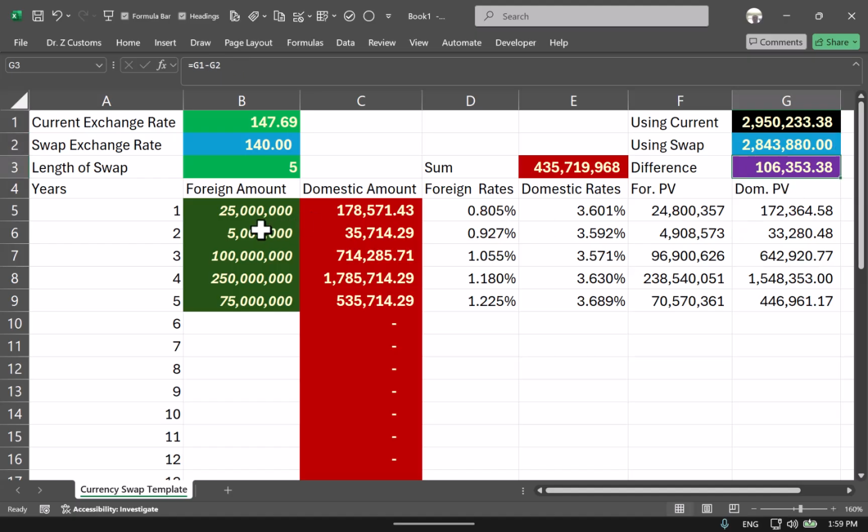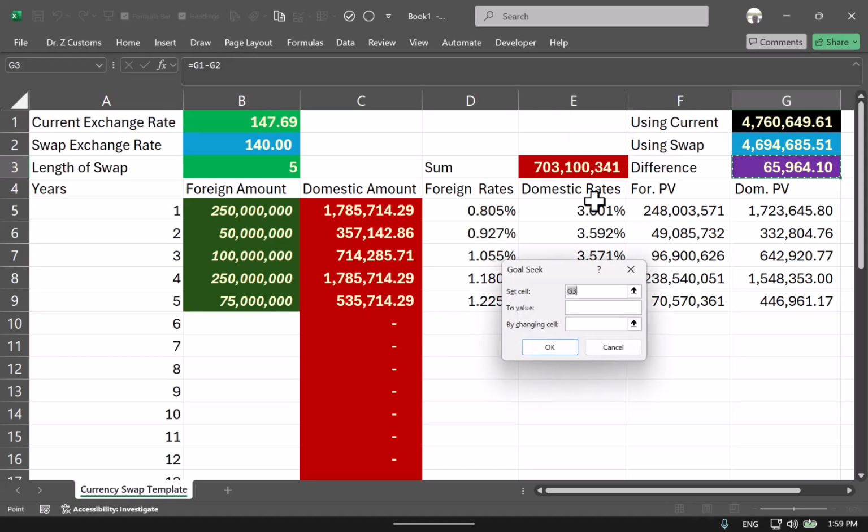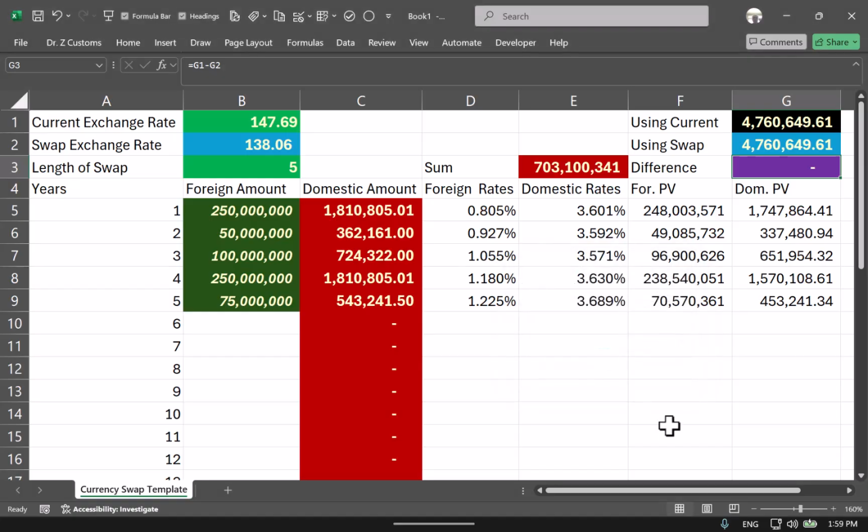For example, if this was 50 million, or maybe this was 250, who knows? Since I changed essentially the weights, that swap rate would change.